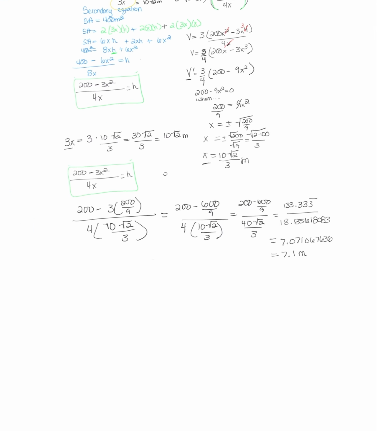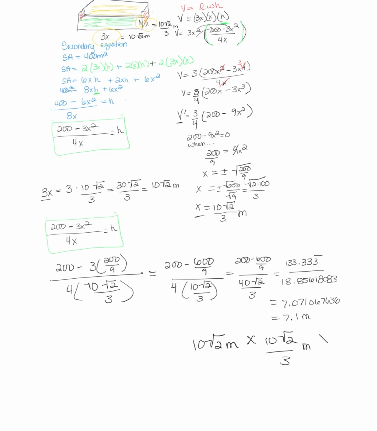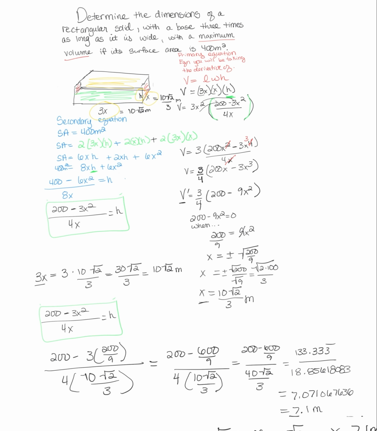So our dimensions are 10 root 2 meters by 10 root 2 over 3 meters by this height, which is 7.1 meters. So these are the dimensions that will give us a maximum volume with the constraint of our surface area being 400 meters squared.